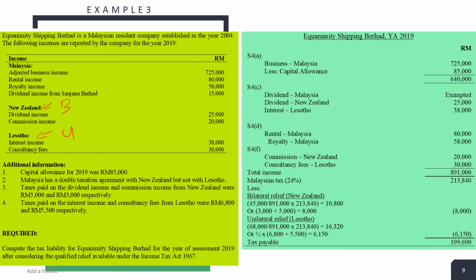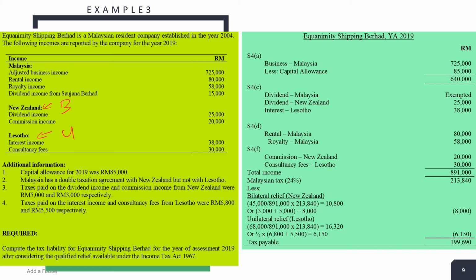First, section 4A, we have business income, adjusted business income less the capital allowance, so that we get the SI here. Section 4C, also list down Malaysia dividend as exempted, but from New Zealand you need to report, because Malaysia is exempted as we use the single tier system for dividend.